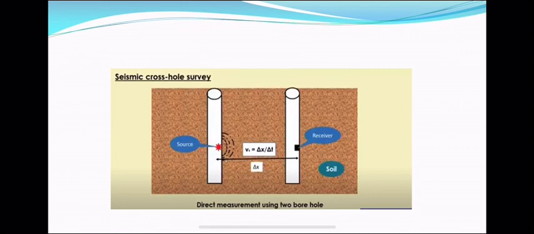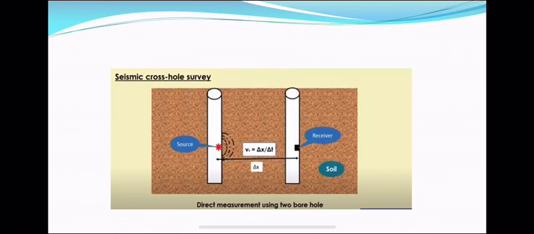You construct 2 or more boreholes, this is your source and you put the receiver, you know the distance, you measure the time, and you get the distance divided by time, which is simple. Here you can collect the soil sample because you have the boreholes. Whether the velocity is increasing or decreasing does not matter, but the problem is that it is time consuming.